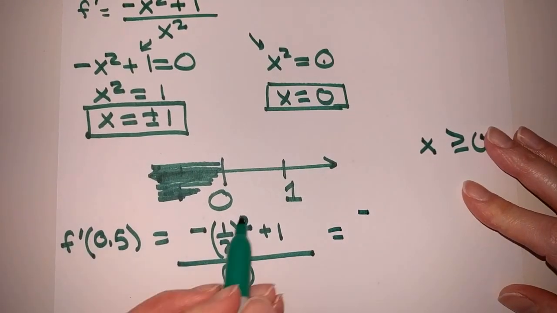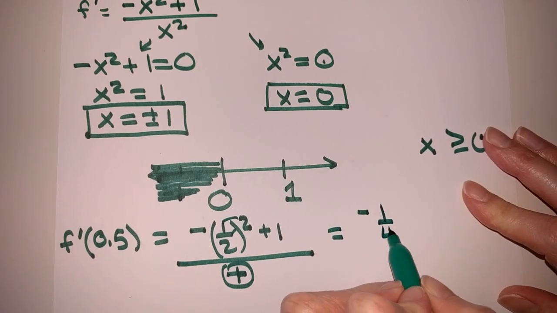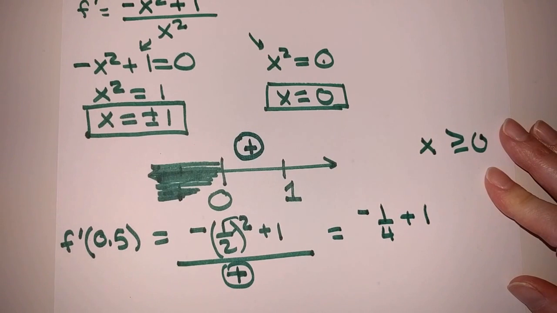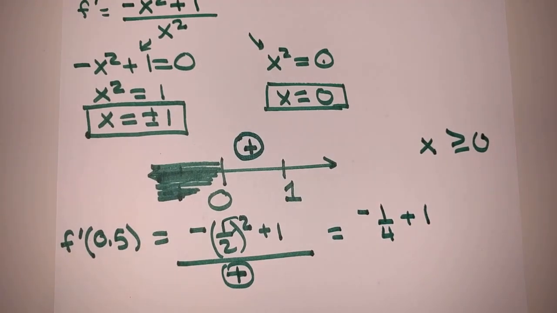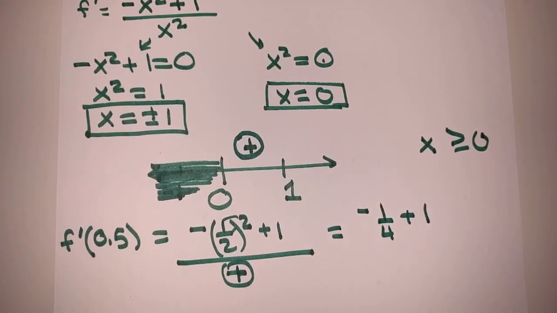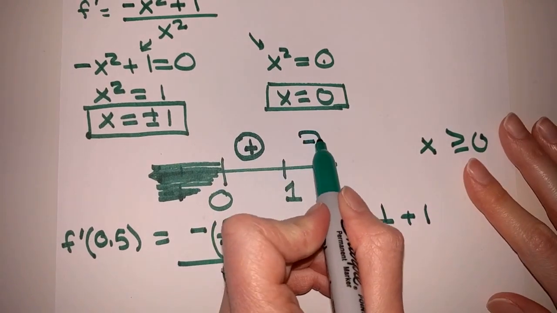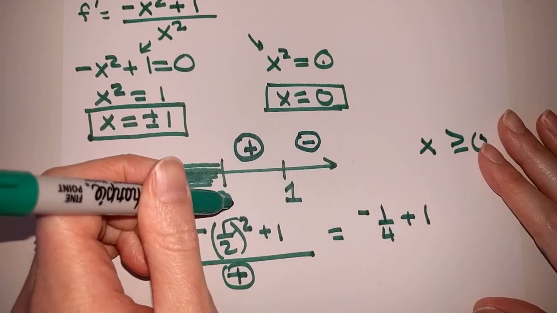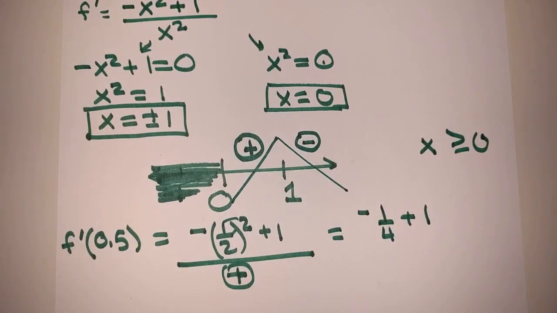So you'll distribute the 2 here, you'll get negative 1/4 plus 1. So that gives us a positive over a positive, giving us a positive overall. To the right of 1, if you plug in, let's say 5, you can work through this and you will see that you get a negative. So that tells us that we are going up and then we're going down. So at x is equal to 1, we have a maximum.